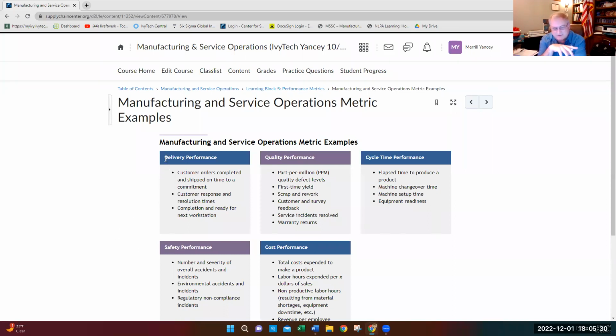That's mostly your folks in transportation and logistics. Customers' orders are completed and shipped on time. Customer responses to resolutions or times, completion and ready for next workstation. If it was bringing raw materials in within an operational environment, there's still going to be work in progress, pallets of parts move from one workstation to the next.